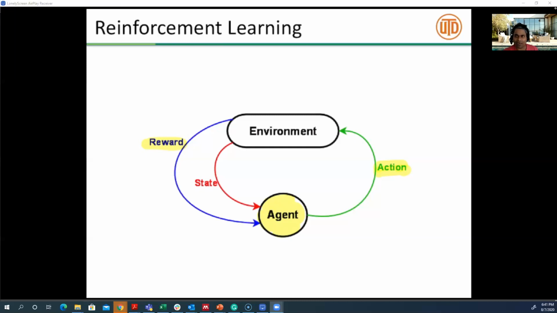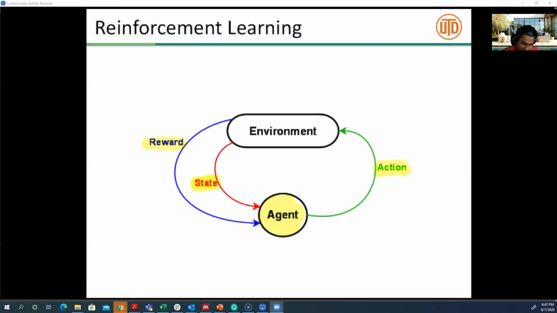Another critical piece in reinforcement learning is that there is a state, right? So the state models my current situation, as to where I am in the model space, right? And essentially based on my current state and the actions that I take, I get various rewards, and then I can update my policy, right?